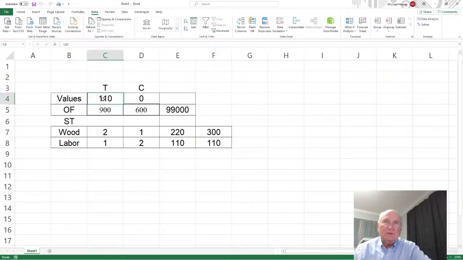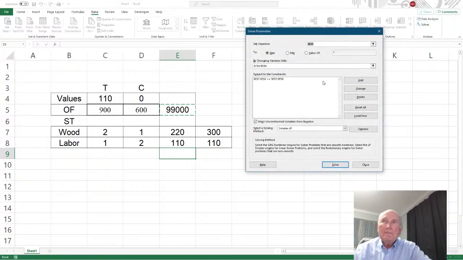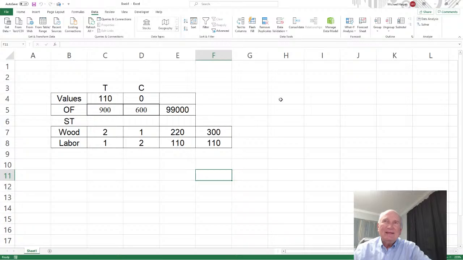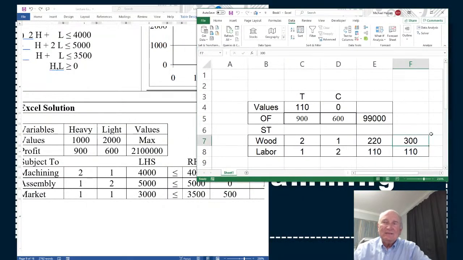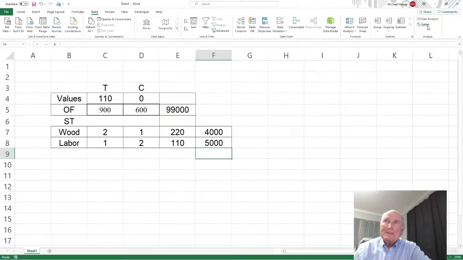Let's see what I do wrong here. Oh, sorry about that. I gotta change these things. It was solving what I gave it. I just gave it the wrong numbers. Okay, now let's do it.